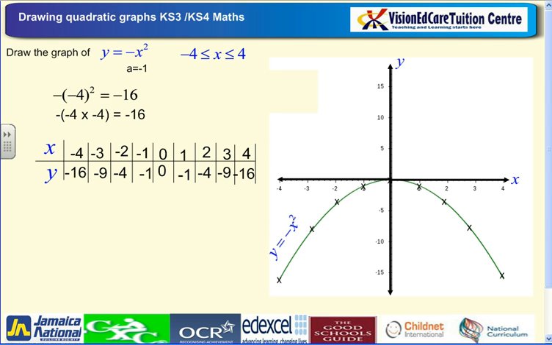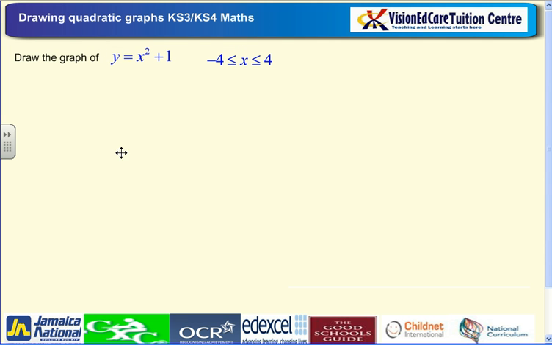Now I'm going to give you an example to do, and I'm going to ask you to pause the clip and work out the y values. So here are the x values, so you need to work out the y values now. I'm going to share the y values with you shortly.